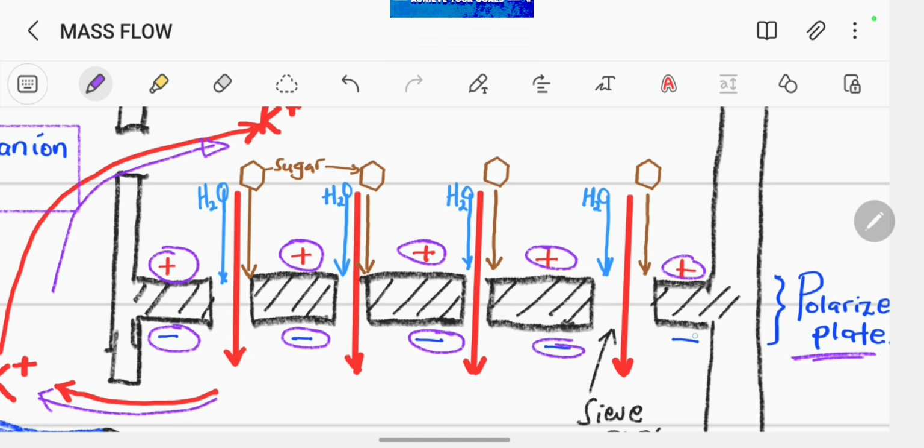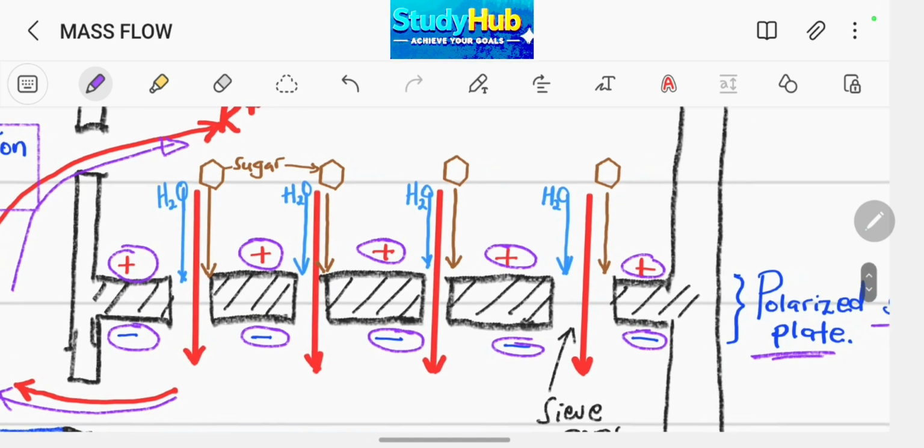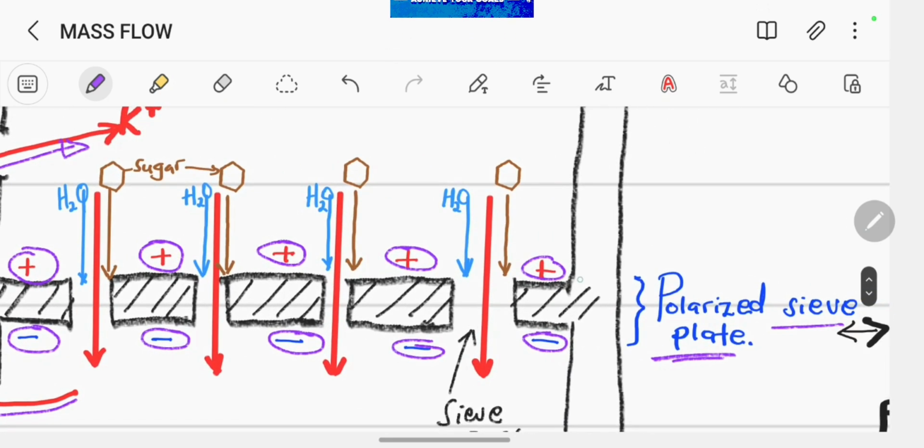As the lower side is getting negatively charged, the whole surface is going to be polarized. Such polarizations are evidenced in impulse transmission.